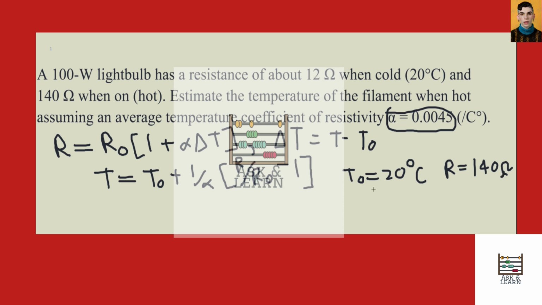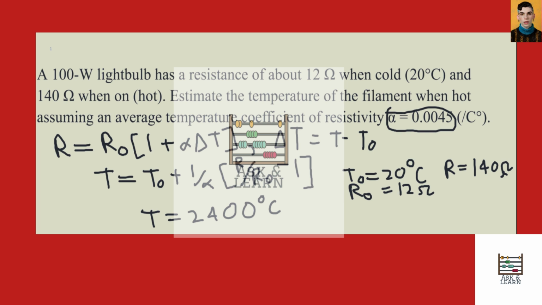And we have that R0 is equal to 12 ohms. Substituting those into a calculator, we get that T is equal to 2,390, which rounds to 2,400 degrees Celsius.